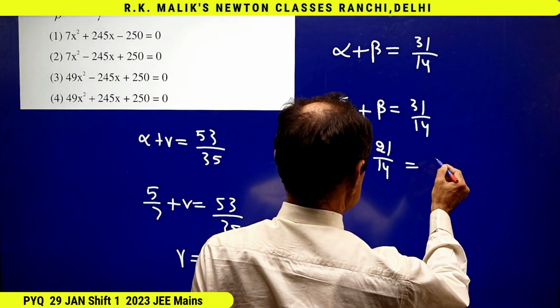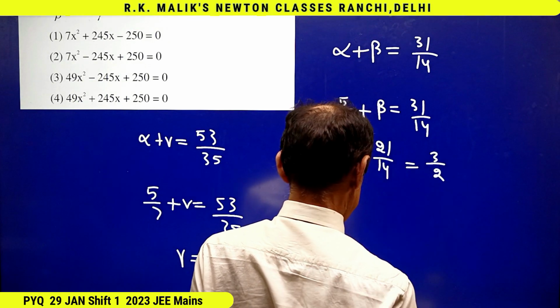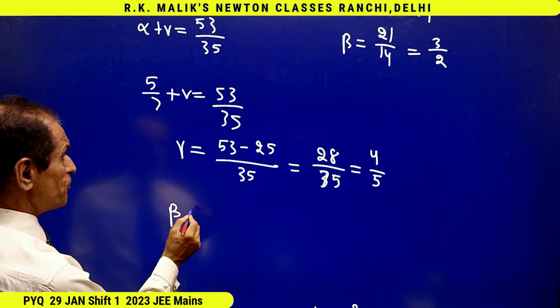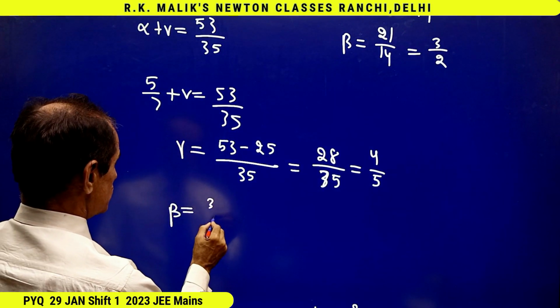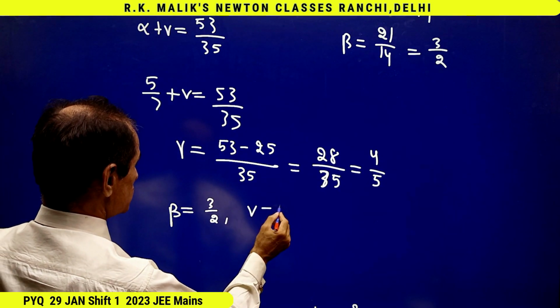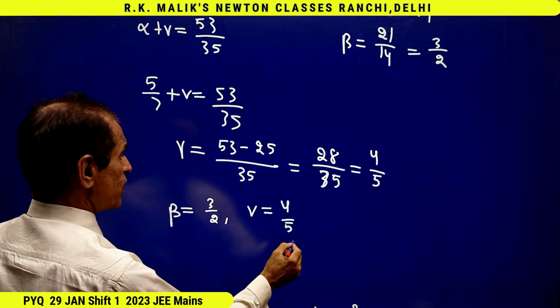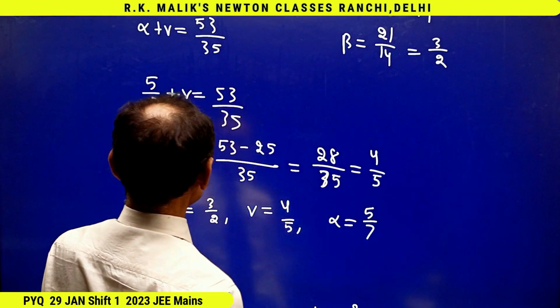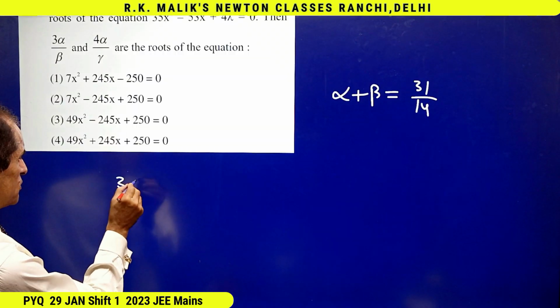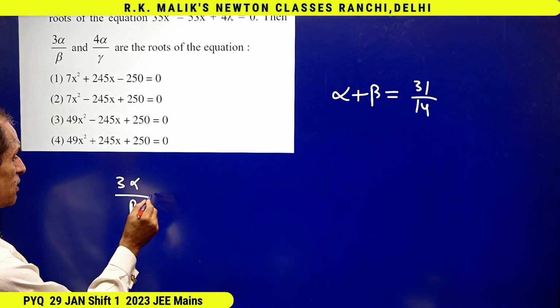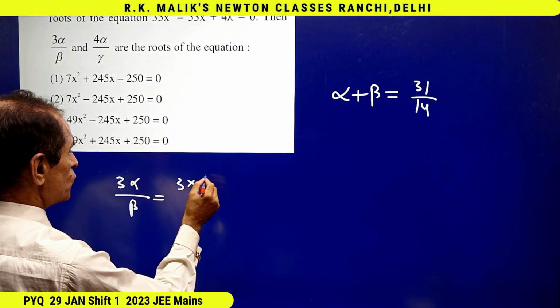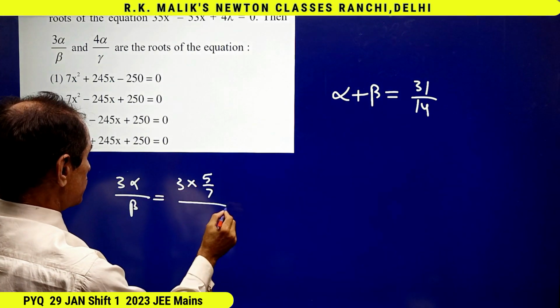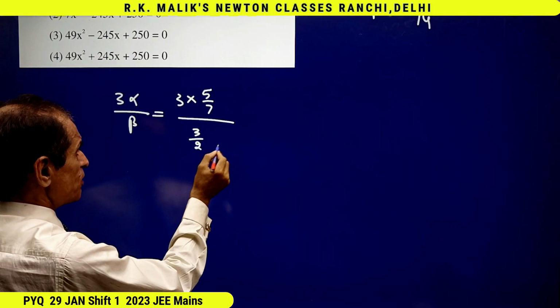And this means 3 by 2. Hence we have got the value of beta as 3 by 2, gamma as 4 by 5, and alpha as 5 by 7. Hence 3 alpha upon beta means 3 into 5 by 7 upon 3 by 2.